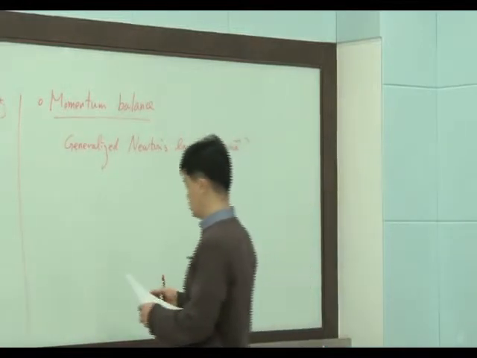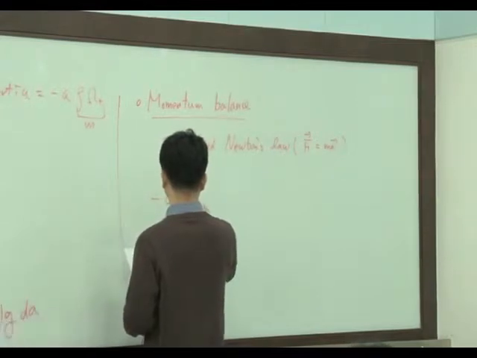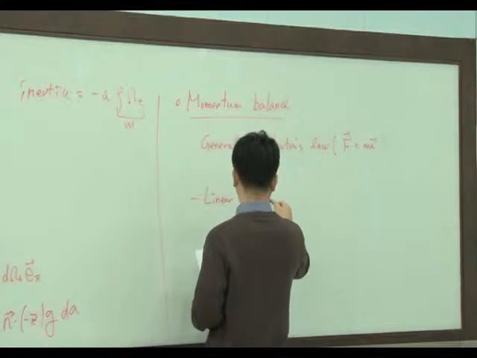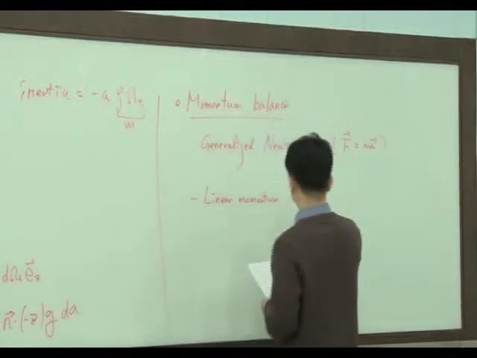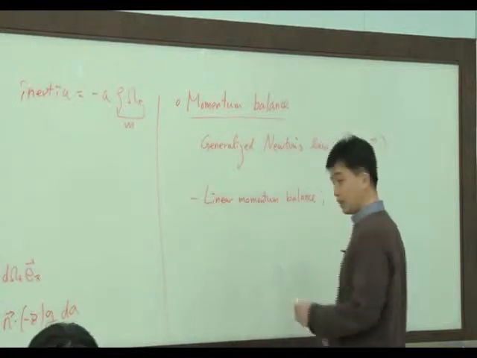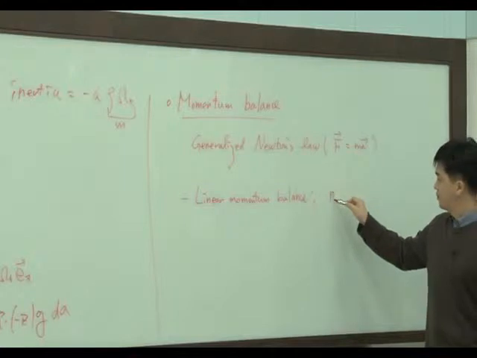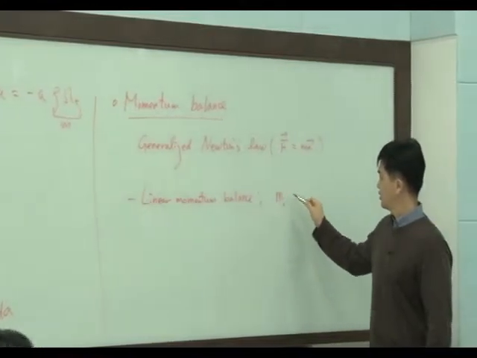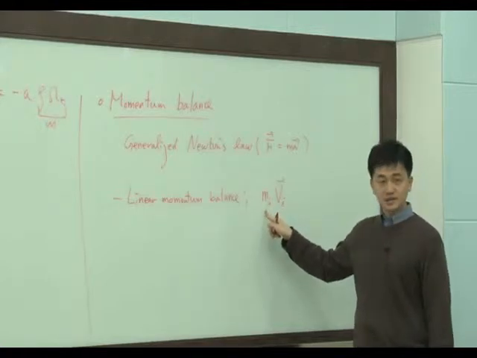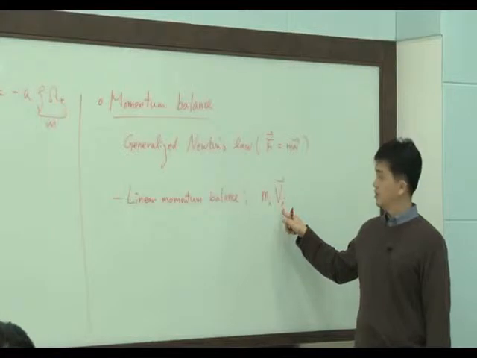So there are two momentum balances. First one is the linear momentum balance. What's the linear momentum? m_i v_i. This is the linear momentum. Mass, velocity.